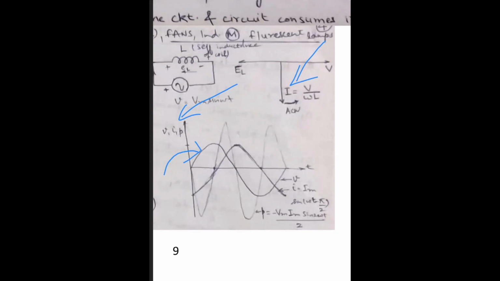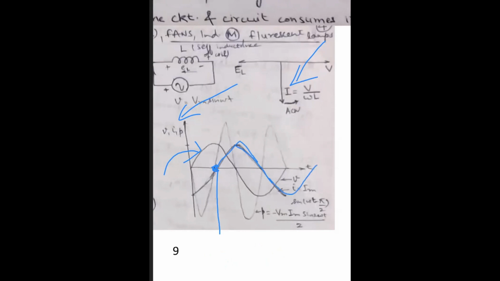So the current will begin its journey from the zero reference after the passage of 90 degrees, or pi by 2 radians, and then follow the sinusoidal wave shape.